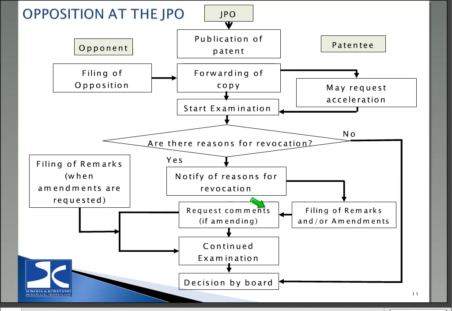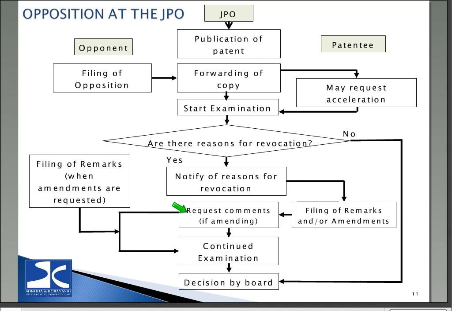It is here. And when the response is filed, what happens depends on whether the amendments are filed at the same time. If amendments are filed, these amendments are given to the opponent, and the opponent can submit a second opinion against the amended claims.